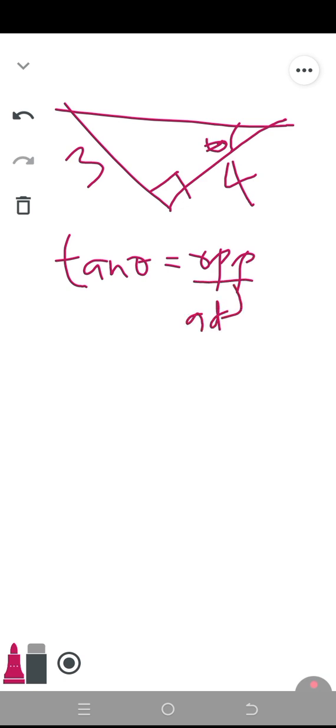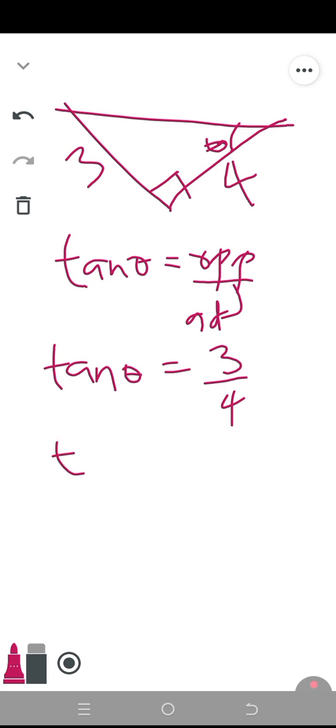Are we together? So what is opposite? Opposite is 3, right? The side that is opposite to the angle we are looking for. So that's the opposite over 4. Are we together? Good. So what is 3 over 4? So tan theta is equal to 0.75.